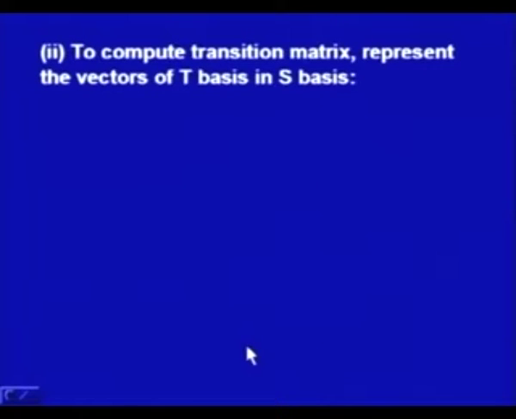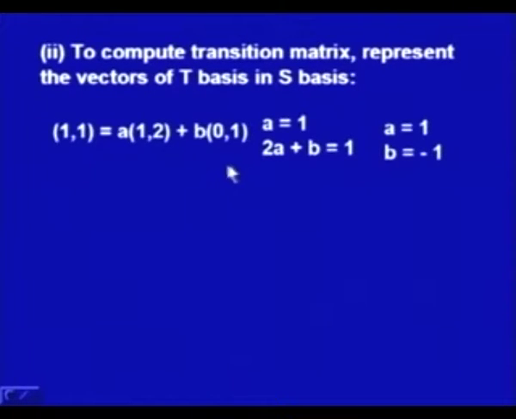Now the second part is to compute the transition matrix. You have to represent the vectors of T basis in S basis. That means first we consider the vector of T basis (1, 1), we write it as A(1, 2) + B(0, 1) and we solve it as we have done in the earlier part.